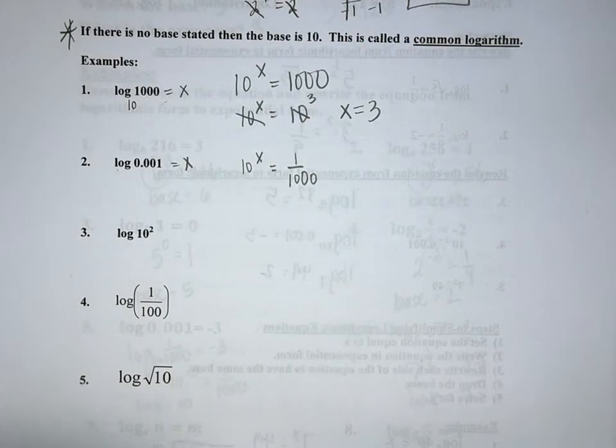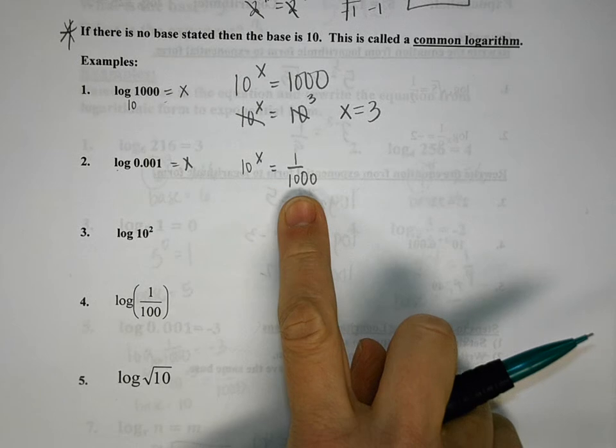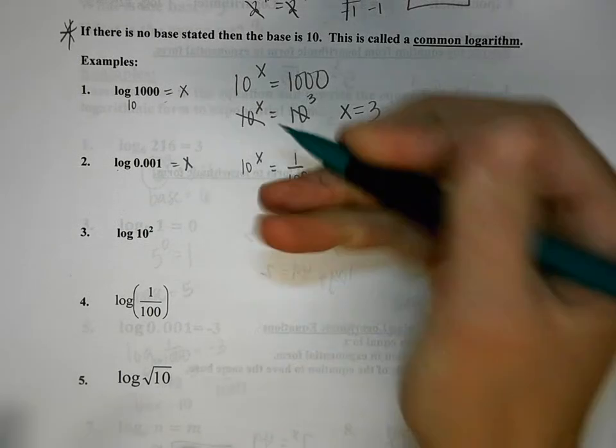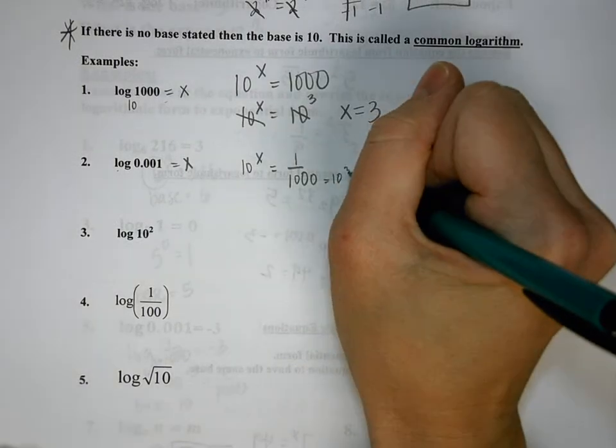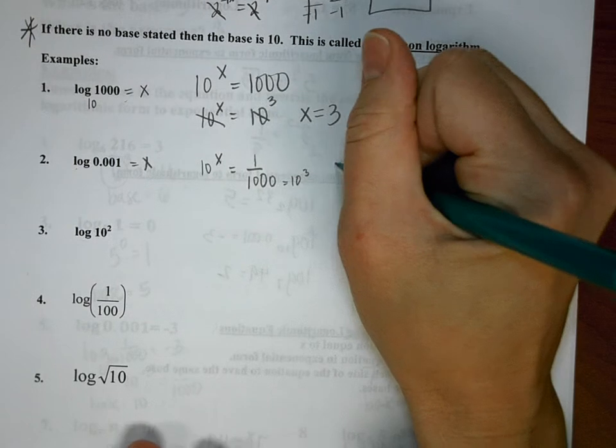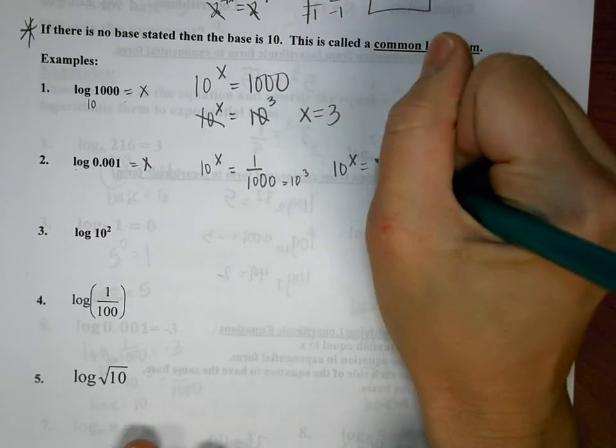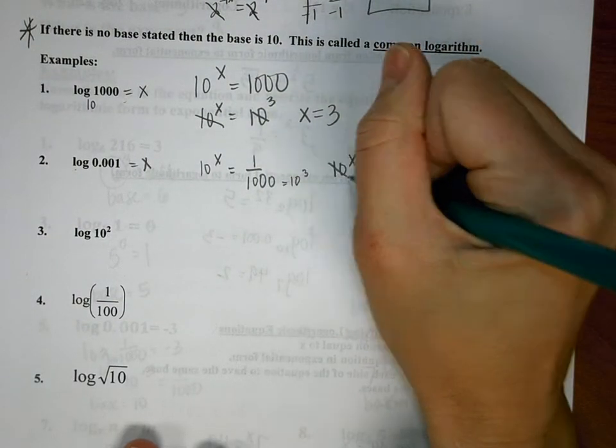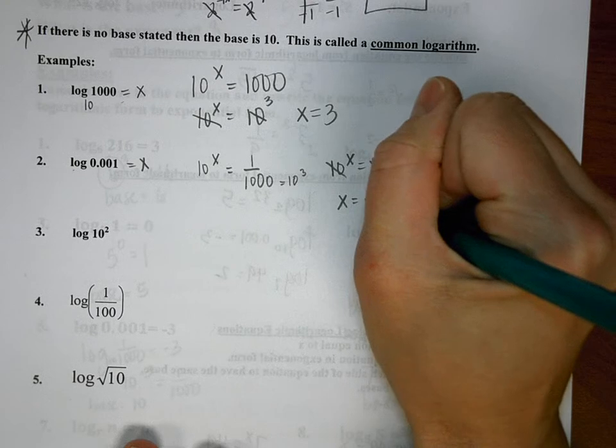Okay? And then 1,000 we know is what? 10 to the third, but since it's a fraction, we're going to rewrite this as 10 to the x equals 10 to the negative third, therefore x equals negative 3.